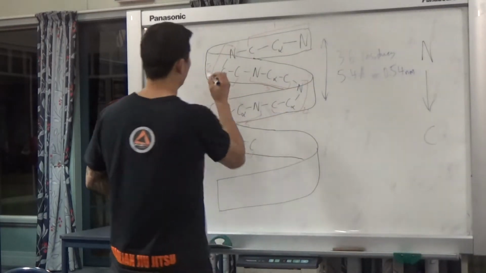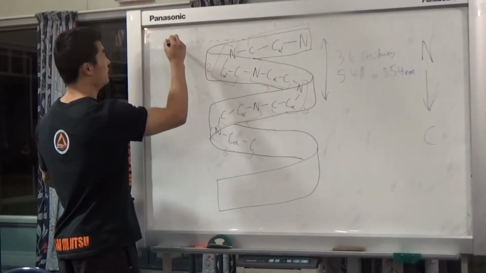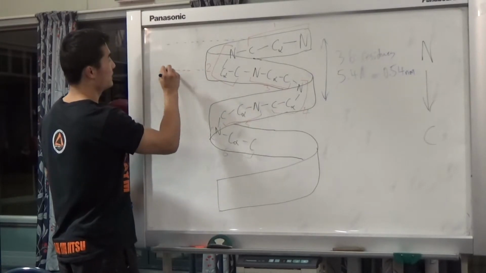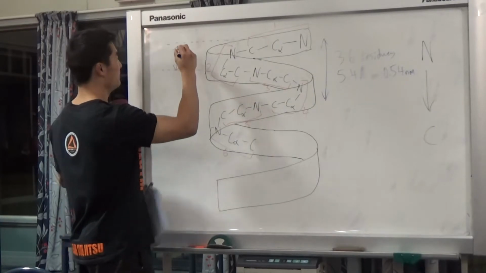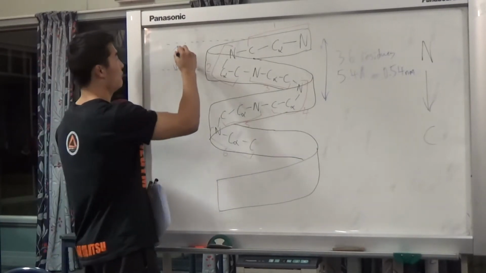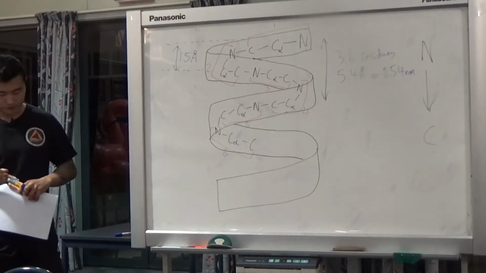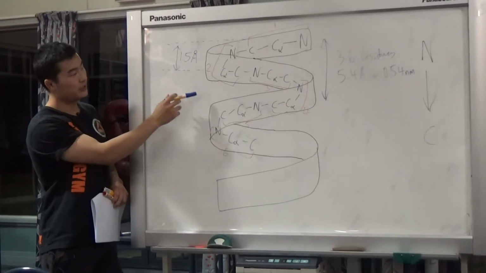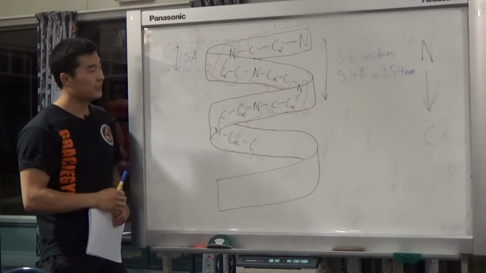And so the vertical distance of amino acid residue number 1 to residue number 2 is going to be 1.5 angstroms. Each residue is 1.5 angstroms.